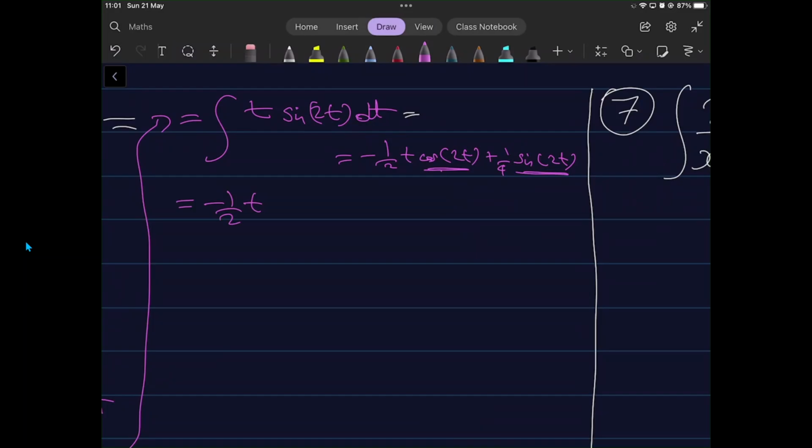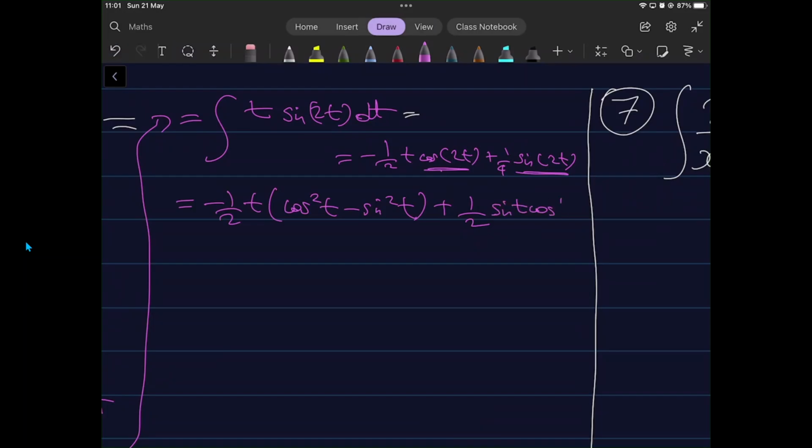So let's write it like that. There you are. And then plus a quarter multiplied by sine of 2t. Well, sine of 2t is equal to 2 sine of t cosine of t. The 2 can reduce the quarter into a half, and then we have sine of t cosine of t.